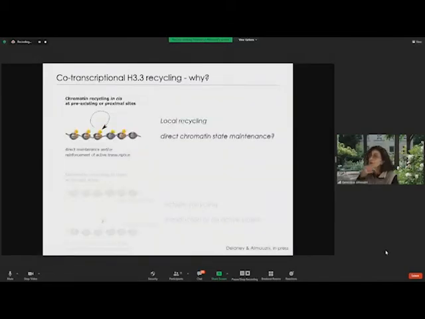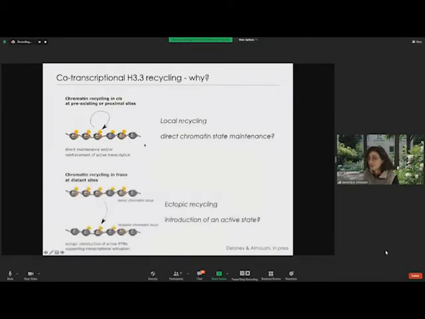And so the idea we would like to think about is that the chromatin recycling in cis at pre-existing or proximal sites could direct the maintenance or reinforce the active state of transcription. However, ectopic recycling could introduce change potentially. And so this could be possible if we think of the site serving as a nucleating site for other modifications to be propagated.